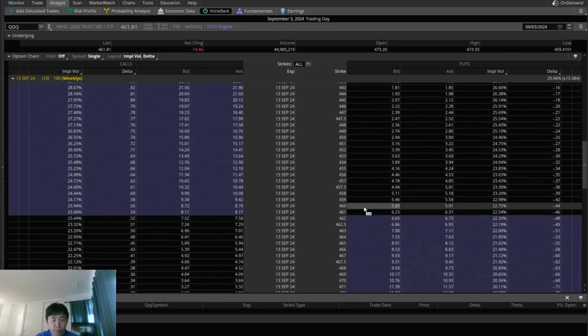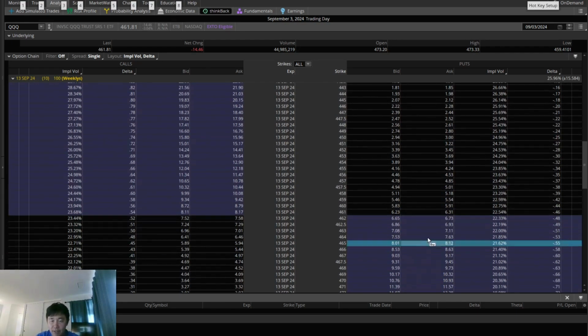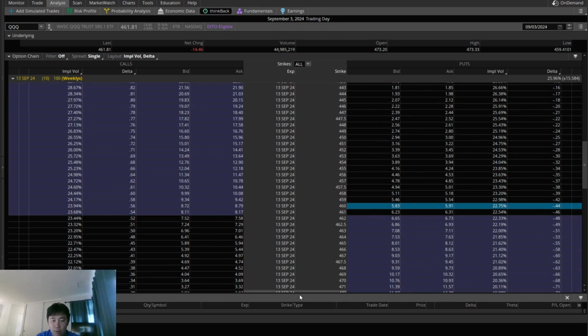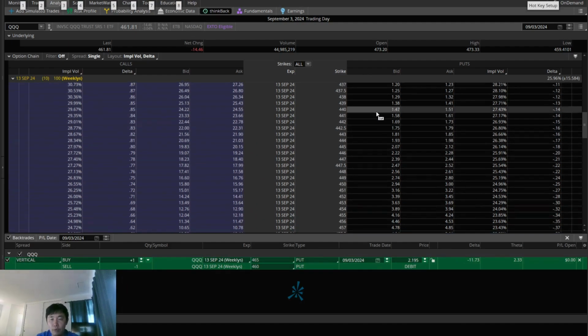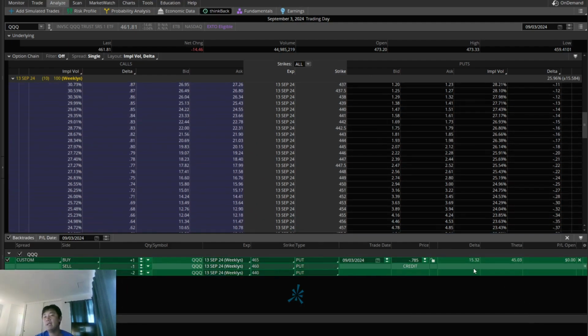What I like to do is first look at how much delta I have in the position. So I have the put vertical on right here, and then I'm going to sell the two naked puts. That gives me a delta of positive 17.32 QQQ. So what does that mean? I want to turn this to neutral, or maybe even a little bit negative, because my bias is to the downside.